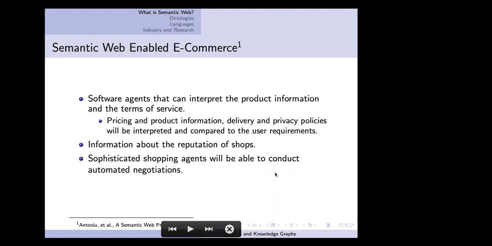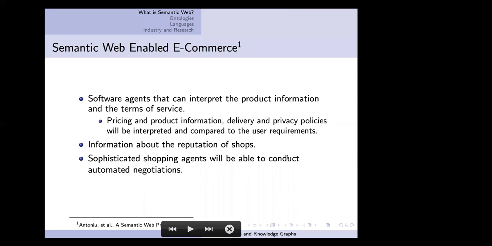So software agents, as we know, also have specific terms of service. So we need to be sure that pricing and product information, delivery, privacy policies, and so on all match, right? This is, again, something that would be very easy to do with a knowledge graph if we were connected there.